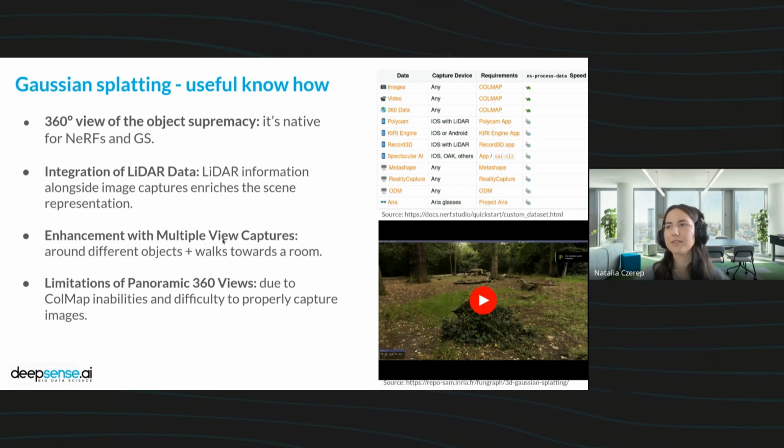This gave us the most promising results, most photogrammetry-like. We tried working with panoramic 360 cameras, but this type of capture is not COLMAP native, so we found it very difficult to work with.